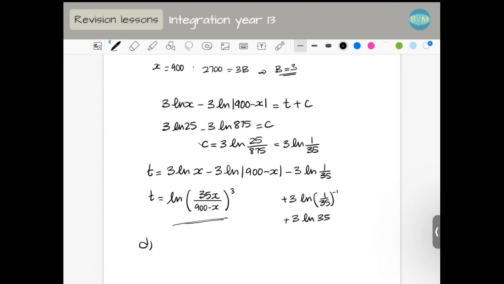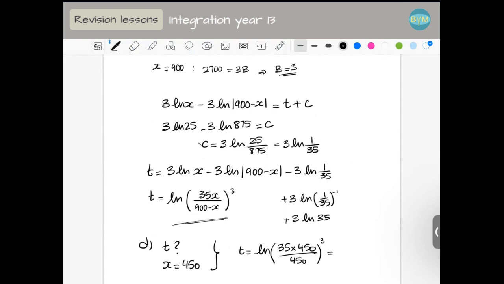So I think this is the t when the number of plants is half of them, which is 450. So I go to my equation and I say that t is ln of 35 times 450 divided by 900 minus 450, all cubed. Calculator, let's see if we get a nice number.